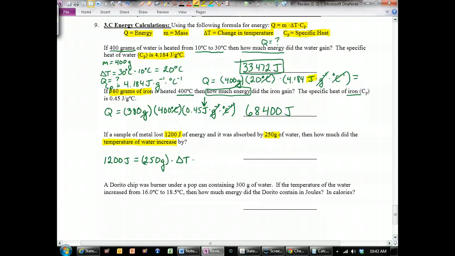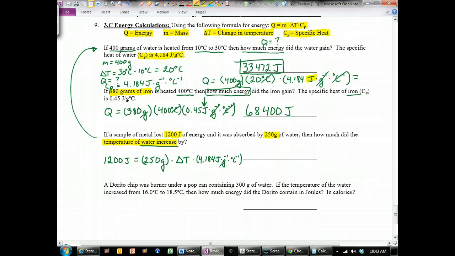We don't have the specific heat given in this problem, but we know it's water. If we look up at the problem we did above, the specific heat doesn't change for the substance. So we can use 4.184 joules per gram per degree Celsius.